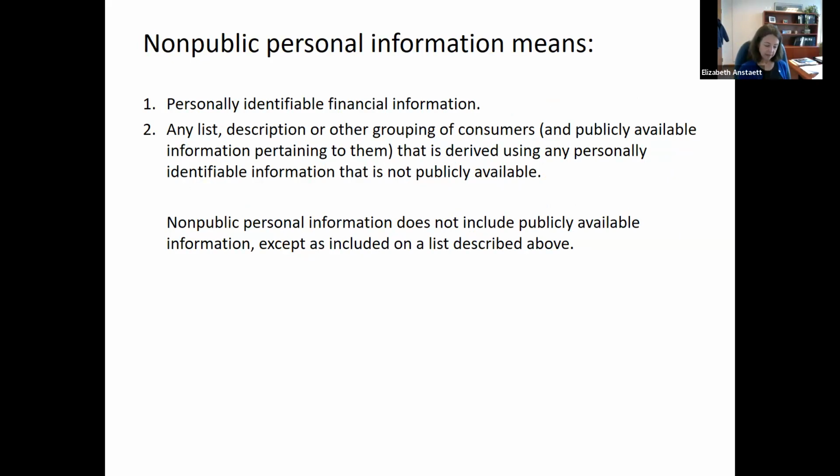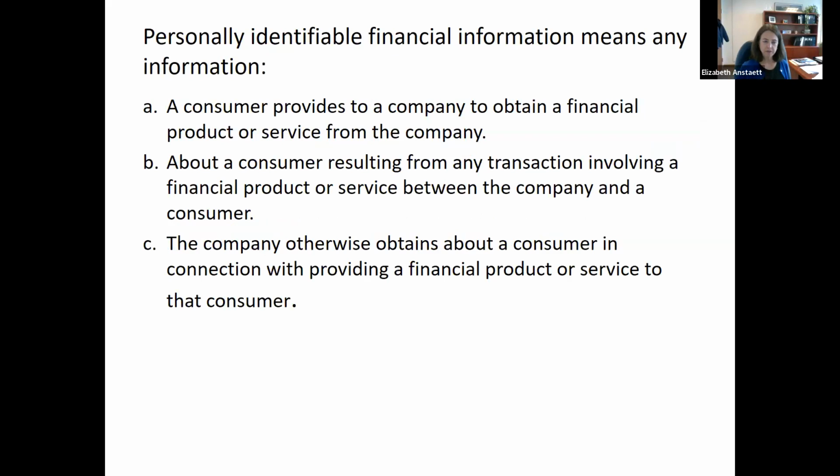And this publicly available has not turned out to be the big loophole that that article would imply, because the main real public financial information is mortgage information. There was a lot of public records on mortgages, but overall, this NPI is very inclusive. So it's not the definition that excludes information.